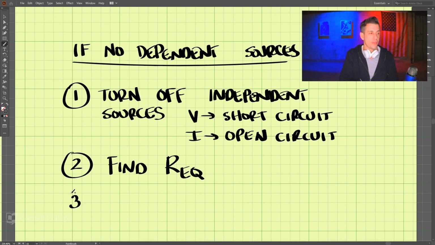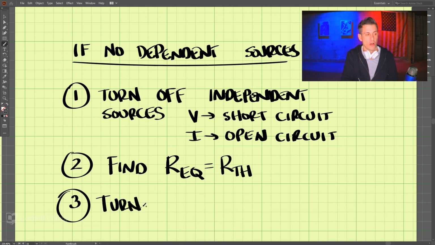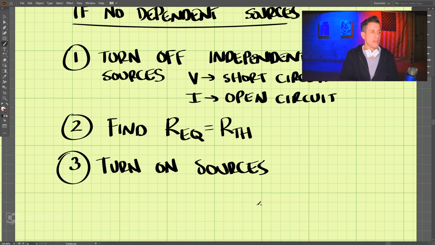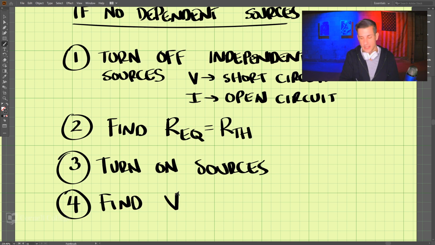Req is then equal to R Thevenin. Then step three, we turn the sources back on. And lastly, we find the voltage between the terminals.